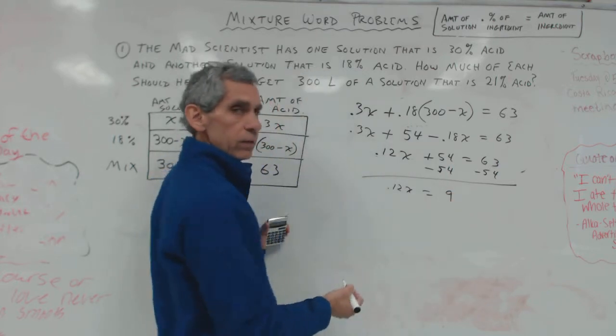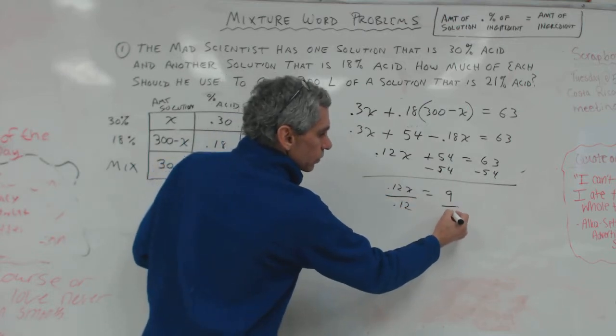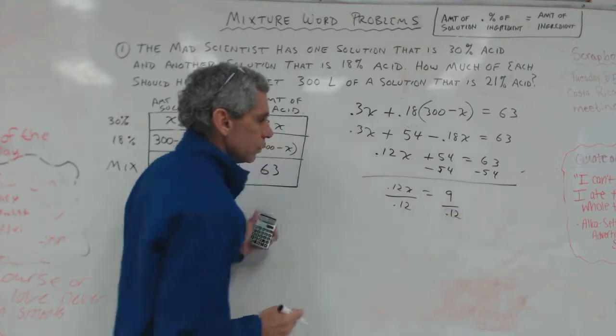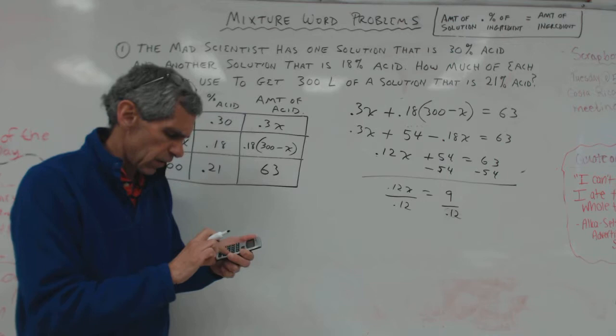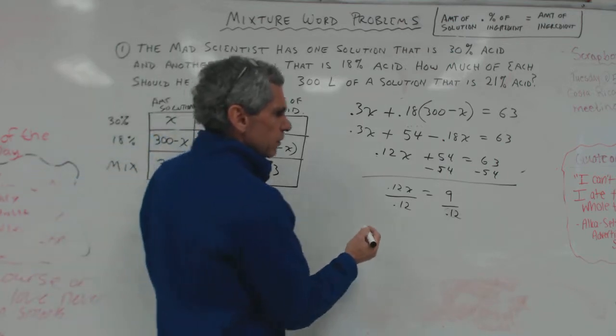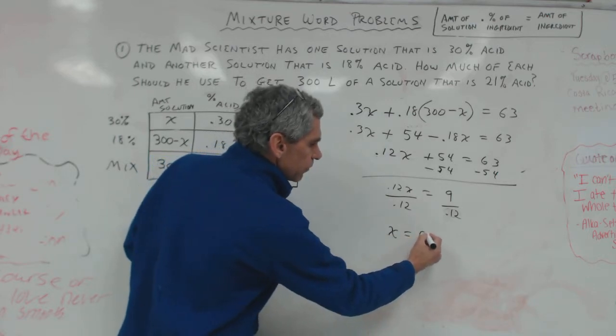And now I'm just going to divide both sides by 0.12. So I've got 9 divided by 0.12 is equal to 75. So x is equal to 75.